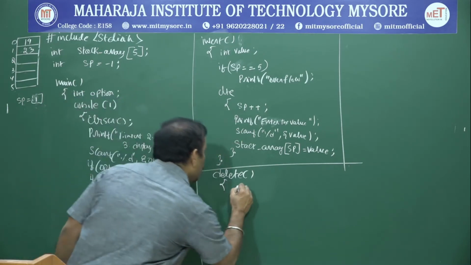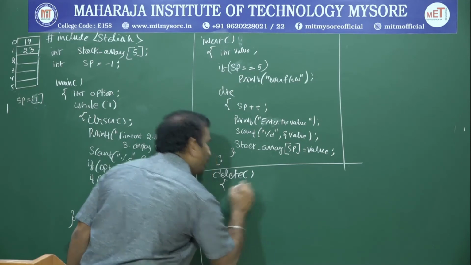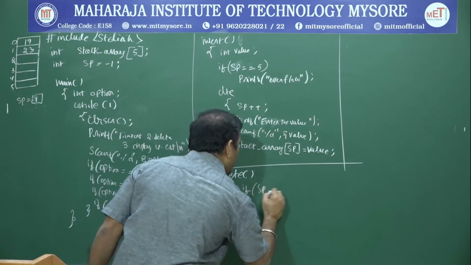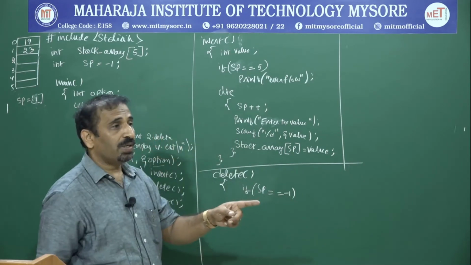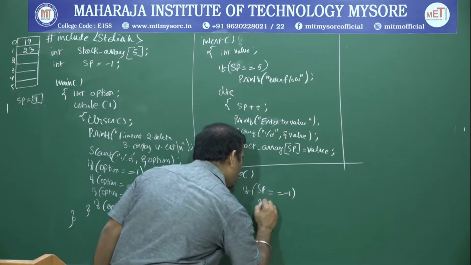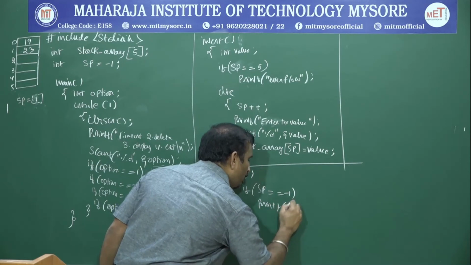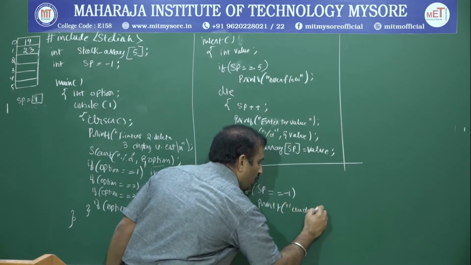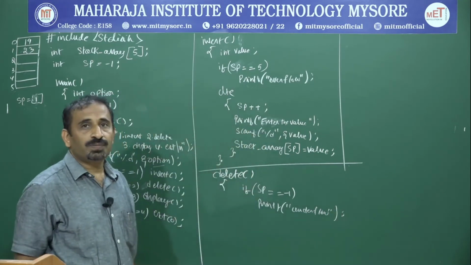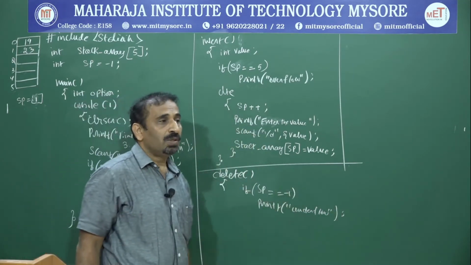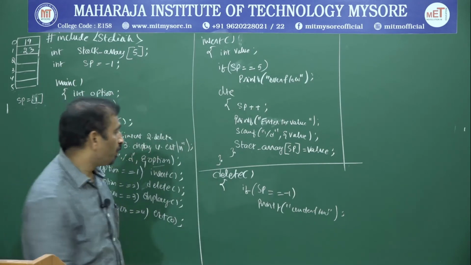That's it. So first thing that I am doing is if SP equals -1, it means underflow. You can't do deletion of elements.